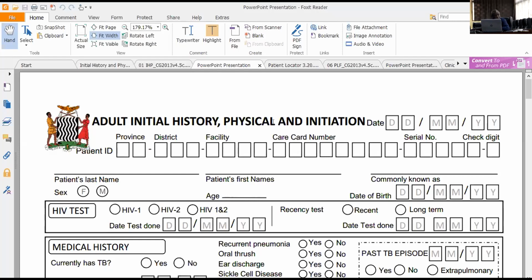There were some issues on the plan. I didn't quite get the name of the person that asked. So you were saying restarting of ART. These were suggestions that can be included on the plan, so that it's clear that you're restarting somebody who was on treatment and for one reason or the other had stopped.